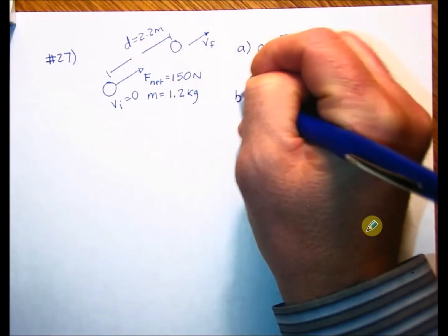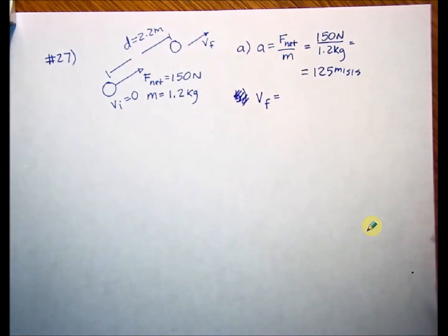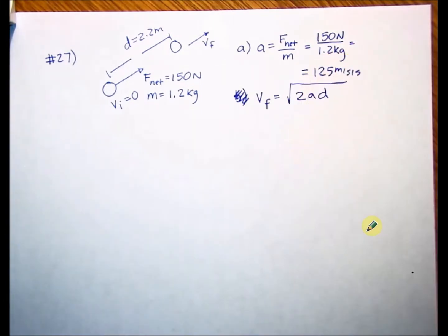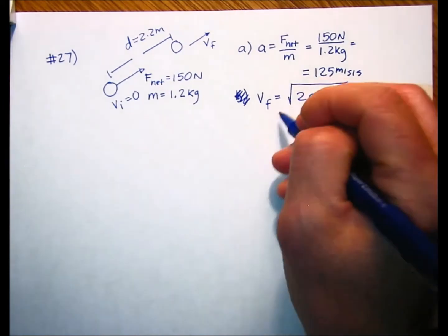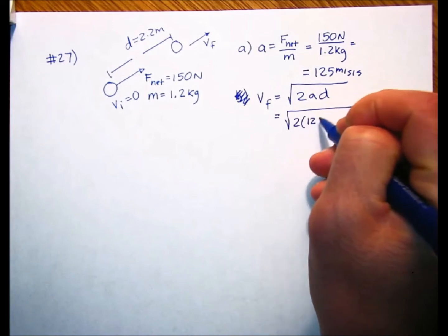So the next thing to do for this question is to find the final velocity. Because I have the distance in this problem, I'm going to use the equation square root of 2ad. Square root of 2ad basically allows you to find final velocity when you know acceleration and distance.